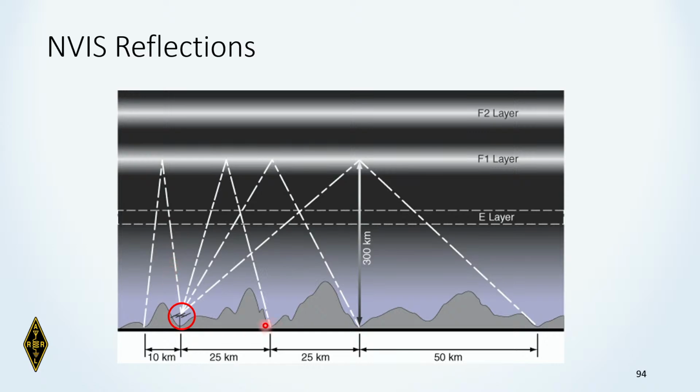And this can be very helpful in a mountainous region. In the place where Dave Kessler lives, they've got a lot of mountains, and they run some of their HF nets using NVIS. It's the only way that they can. For example, here's a transmitter. Well, this mountain peak is blocking this signal, but if we go up and down, we can get into the valleys. So it's something that hams use in mountainous areas.